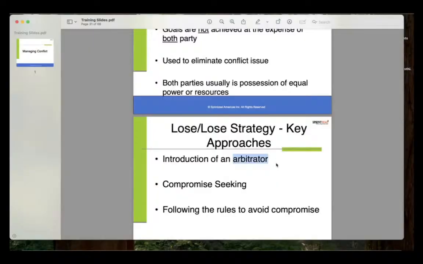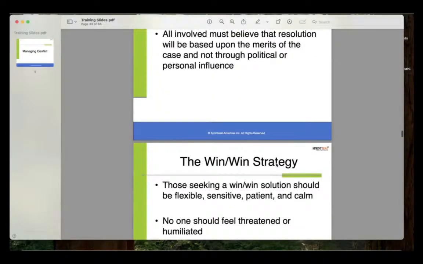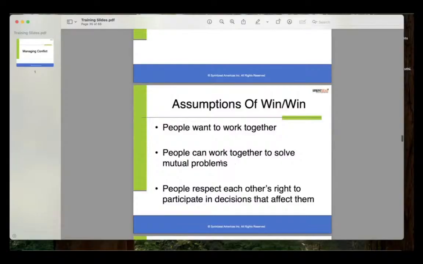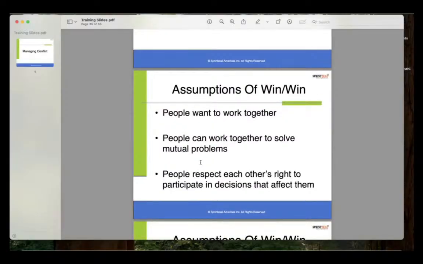What is the role of an arbitrator? When both parties cannot come to an agreement, then the arbitrator comes into the picture. But in win-win strategy, what are we assuming? That we can mutually solve the problem. So here, the role of the arbitrator is not required at all, right?